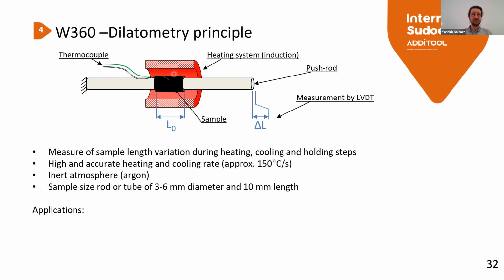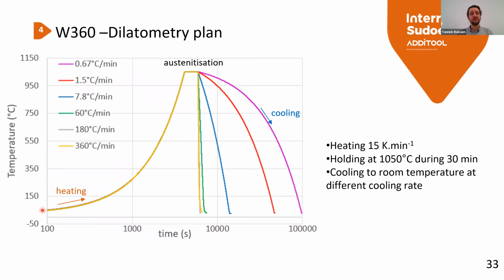The application of dilatometry is to understand cooling transformations, so to build CCT diagrams, or CHT diagrams for heating, and TTT diagrams for isothermal transformations. We can also, thanks to this system, determine the Curie temperature of steels. So, heating, holding, and cooling profiles we can achieve with this apparatus.